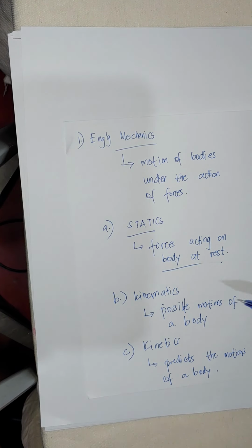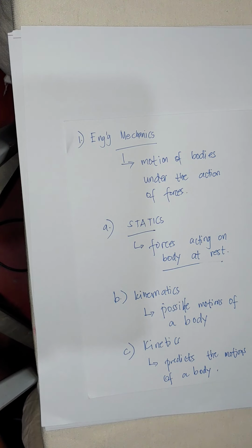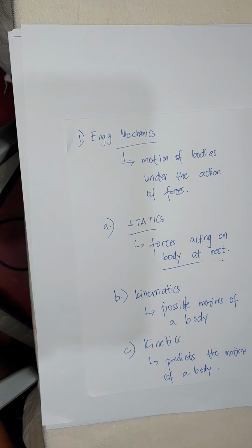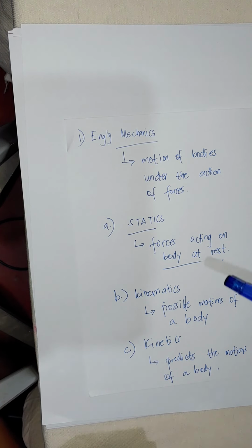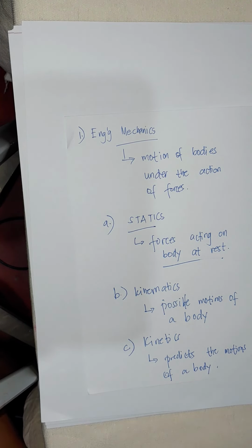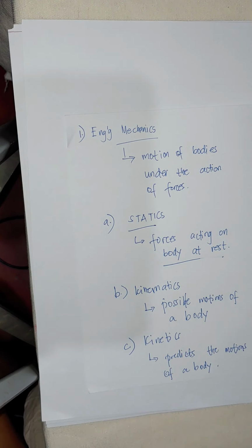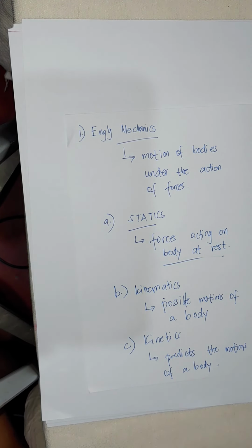So, kinematics is the possible motion of a body neglecting the forces. Kinetics is also the motion of a body, but we now include forces in our understanding. Okay, statics, right, is forces acting on a body at rest. Here, before, you learned about the equilibrium of forces.